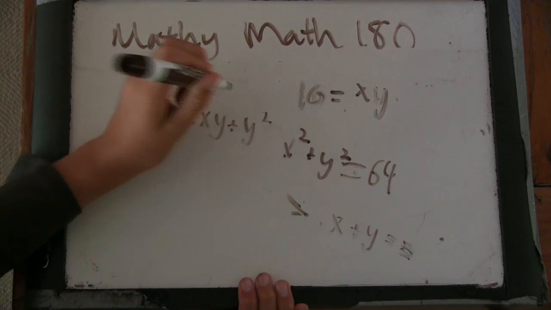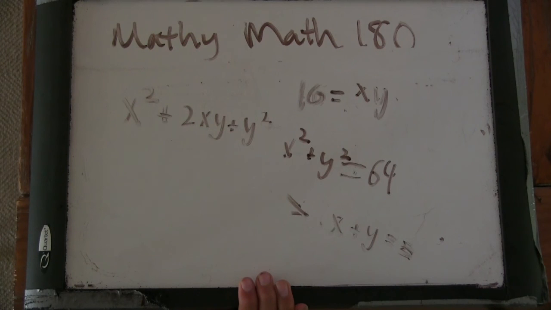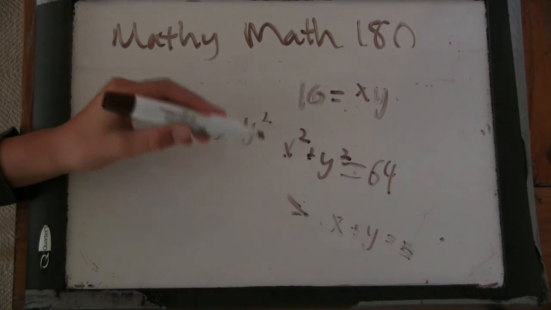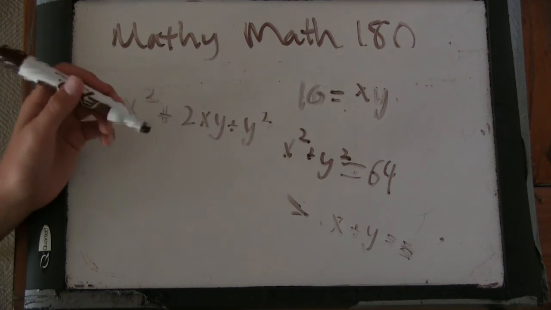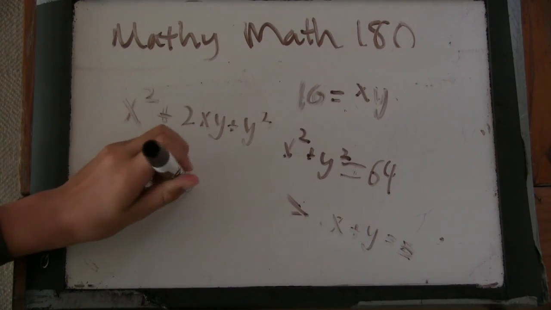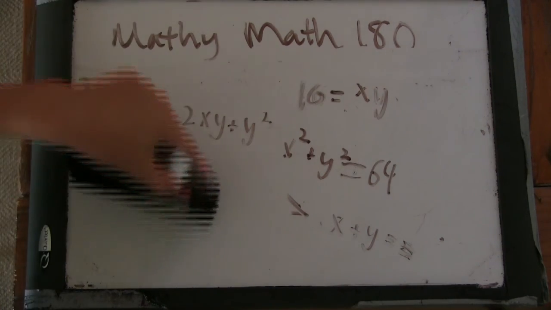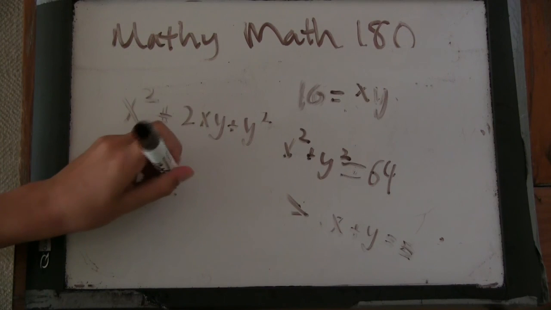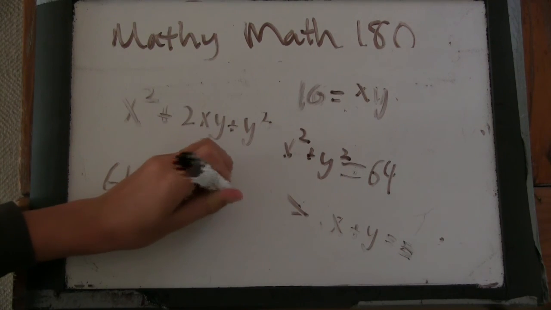Okay. Is that moving you closer to knowing something? A little, not by much. Because then this equals z squared. Okay, that is z squared. We could say that 64 is z squared minus 2xy.